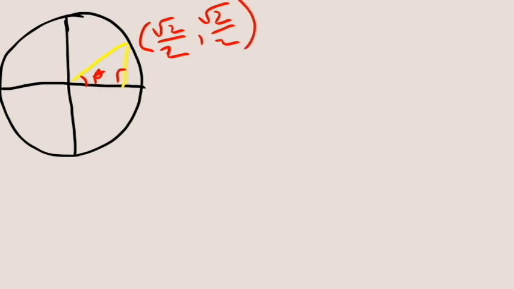Since the coordinates are x and y with respect to the x and y axis, our x is square root of 2 over 2 and y is square root of 2 over 2.